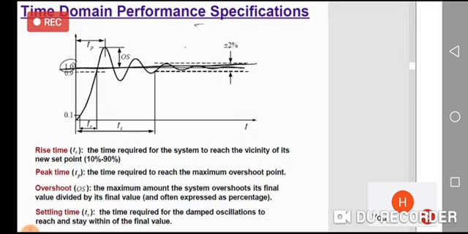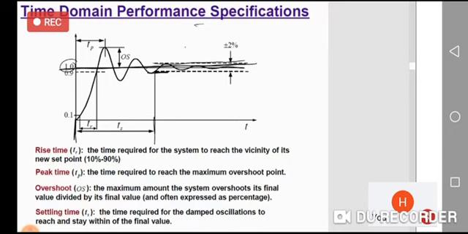ठीक है. Now the Ts, which is called settling time, is the time starting from t equal to 0 until the response of the system is within plus minus 2% of the final value. जो final value 1 है ना, तो plus minus 2% of the final value जो है 0.98 से लेके 1.02 के दरमियान, ये बैंड है.